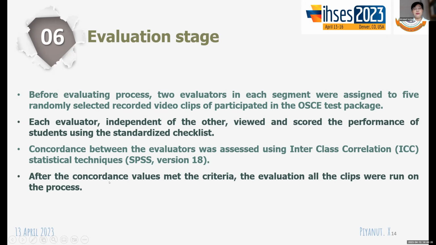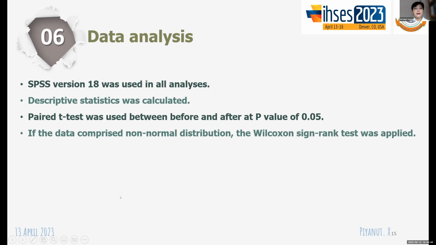Concordance between the evaluators was assessed using the ICC, intraclass correlation technique. After the concordance value met the criteria, the evaluation of the clips proceeded. For the data analysis, SPSS version 18 was used, and the paired t-test was used to compare before and after.